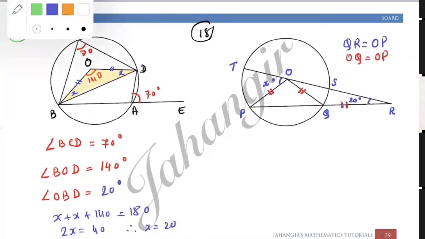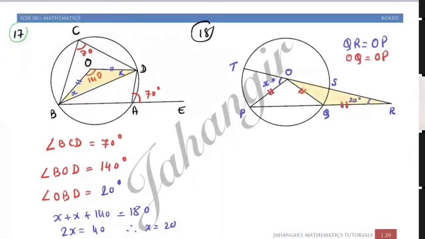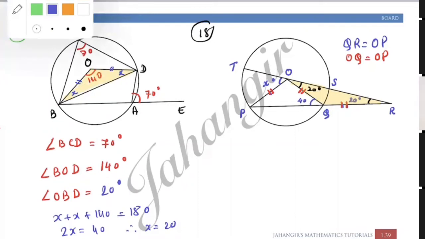Now first, we can consider a triangle in which two sides are equal, so two angles are equal. Then by the exterior angle property of a triangle, we can get this as 40 degrees. The exterior angle of a triangle is equal to the sum of its opposite interior angles.